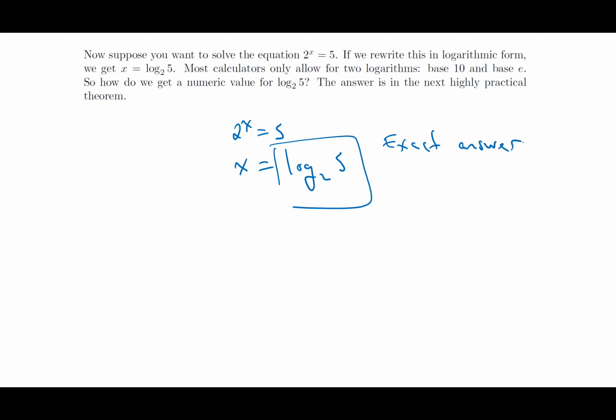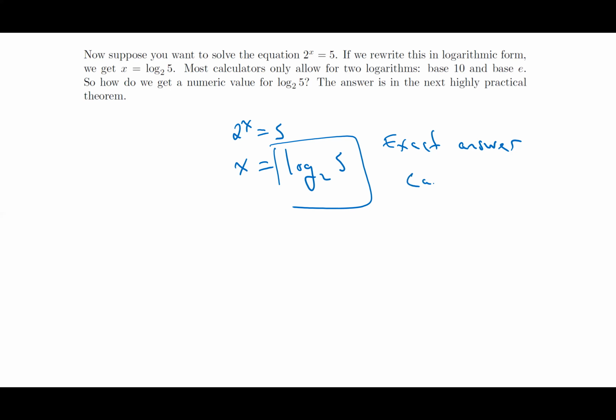As a mathematician, I love exact answers. But if I were in some applied field where I needed to actually do something with a number, this exact answer doesn't do much for me. I need it to be evaluated and rounded to some number of decimal places according to however accurate I need to be, but I need to have my hands on that. This doesn't do that for me.